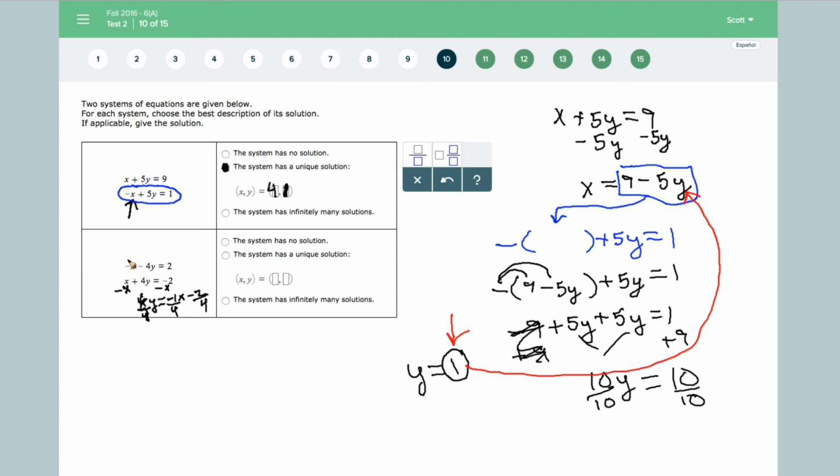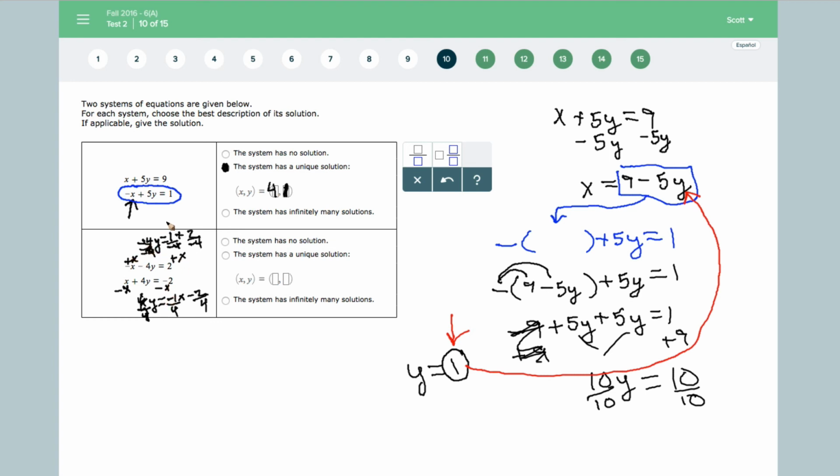I'm going to add x to both sides. And I have negative 4y equals 1x plus 2. Divide by negative 4, divide by negative 4, and divide by negative 4.